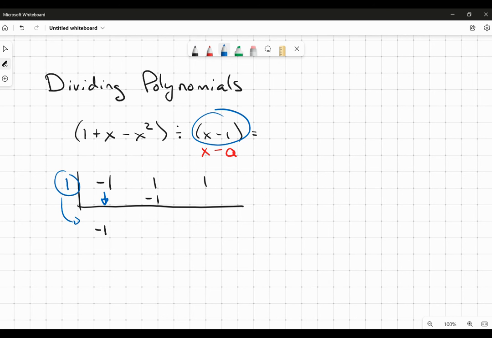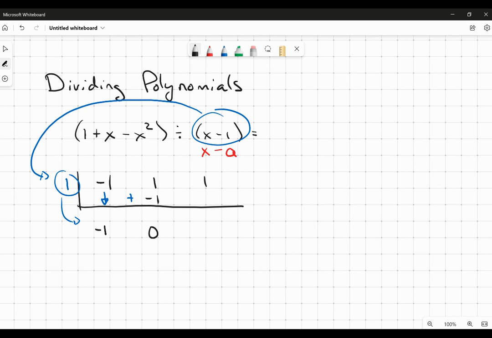Because I went from x minus 1 and I put the plus 1 there, I am going to add at this point. If you'd left the sign there as negative 1, then you would have been subtracting here. Either way, there's going to be this introduction of a negative, either by changing the sign or by using subtraction. So when I add those together, I'm going to get a 0.